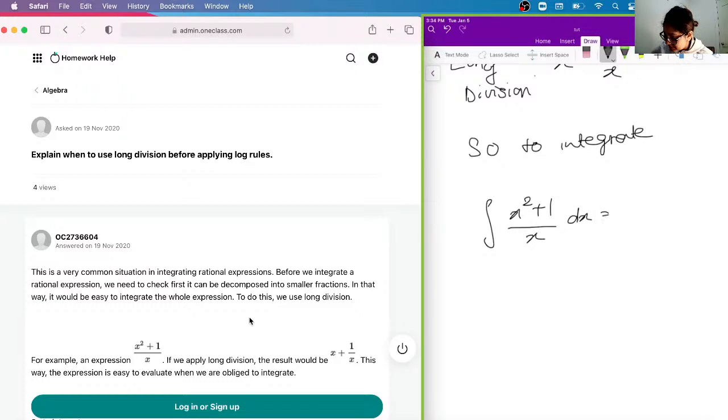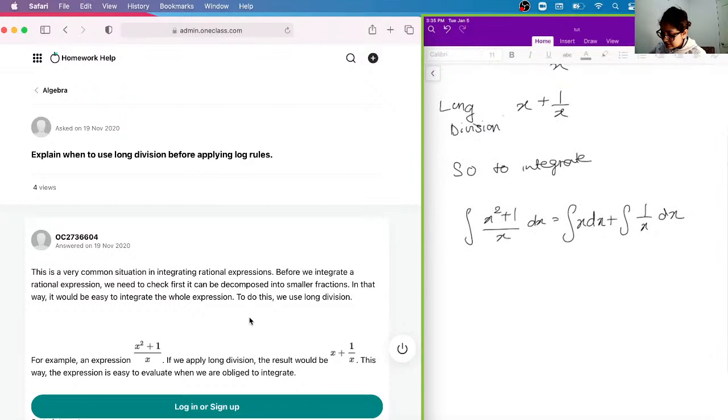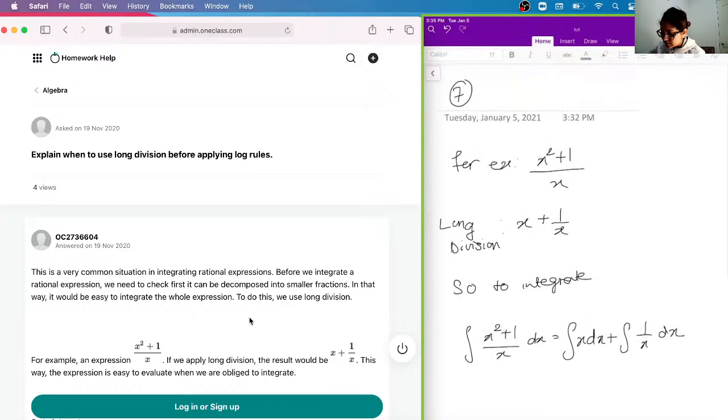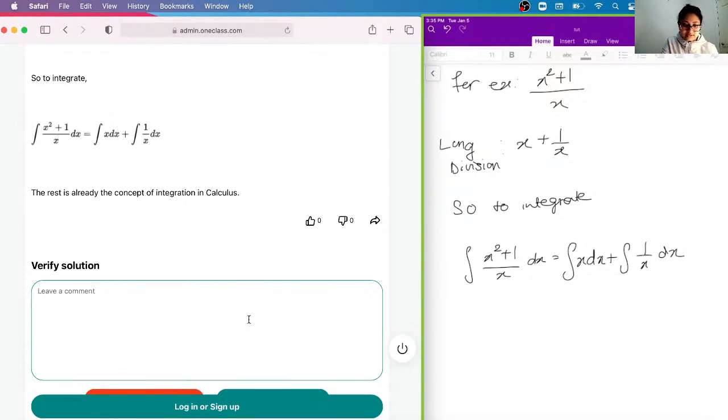This is basically equal to the integral of x after doing long division, plus, keep in mind the plus here, the integral of 1 over x. And so the rest is already the concept of integration, and this is when you would want to use long division.